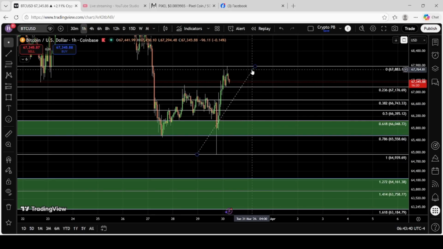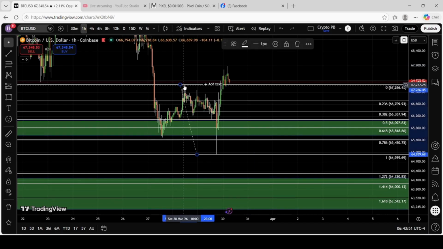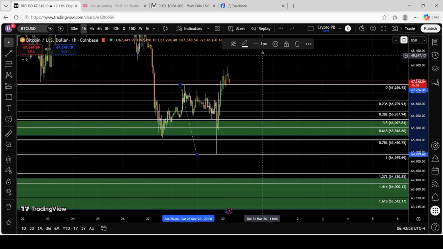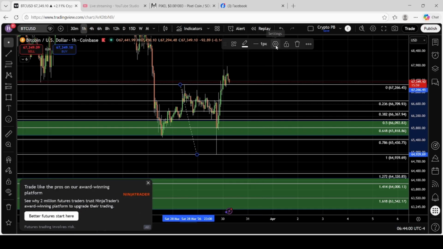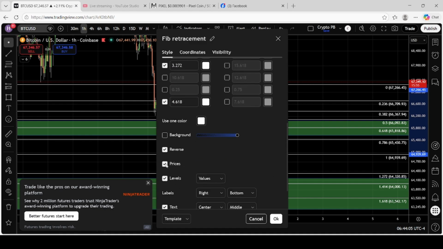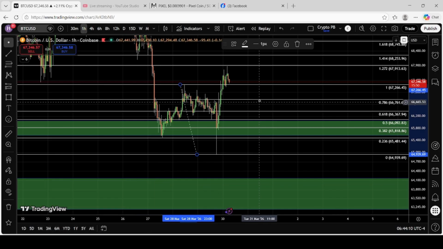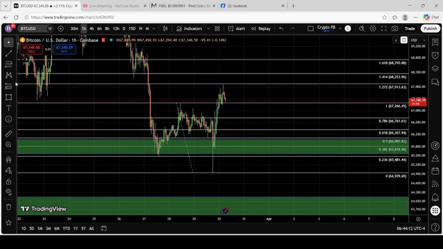But you can look, like, right here. Came up here, bounced, found support. Where would my target be? So let's reverse the fib. Been right up in here.